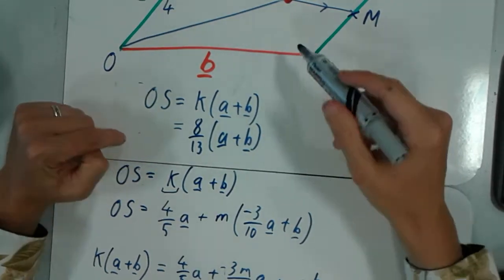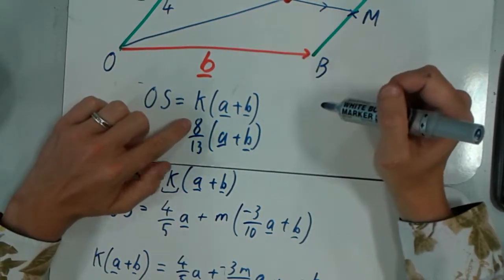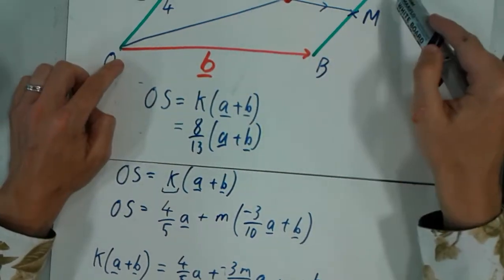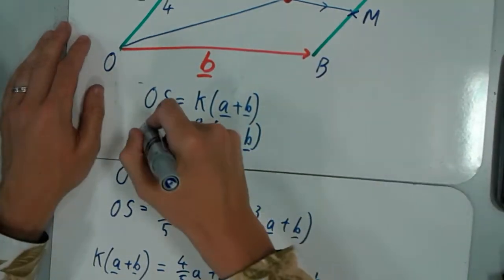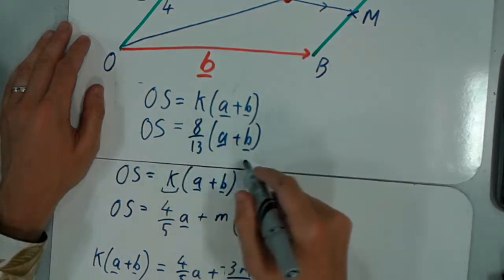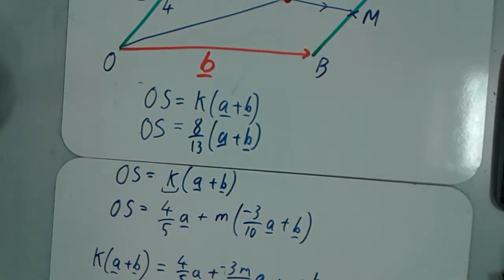So therefore point S is 8/13 of the way along that line. I have a vector for OS.